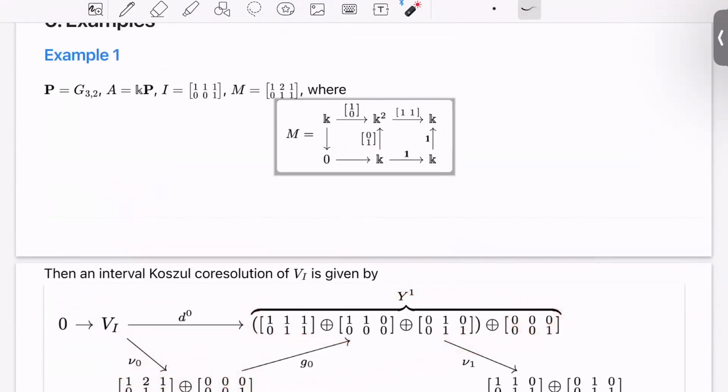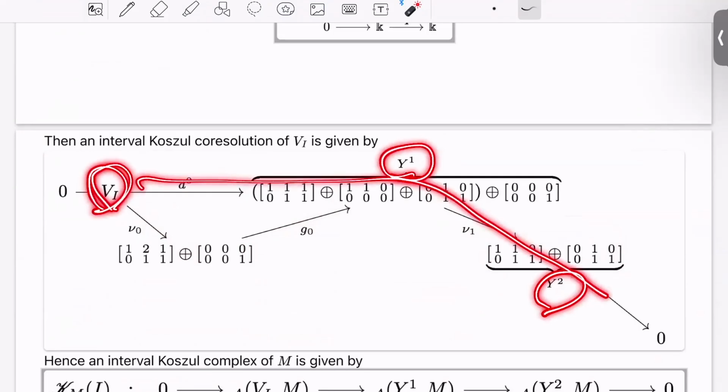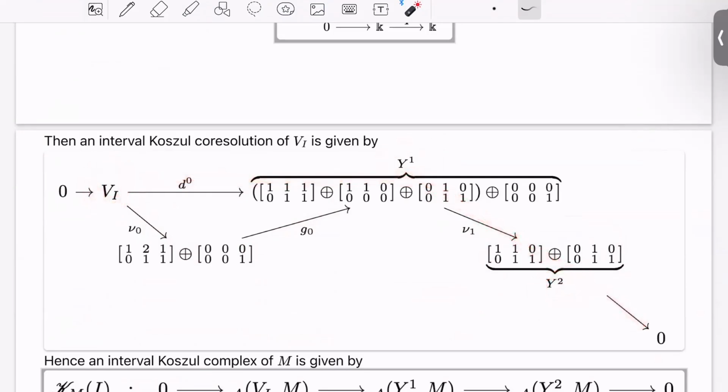And then G0 can be computed. And as a composite, we can define D0 and then compute the cokernel here. The cokernel is from the beginning intervals. So we can take this as Y2. So here V1, Vi, Y1, Y2, this one. This is an example of an interval Koszul co-resolution.